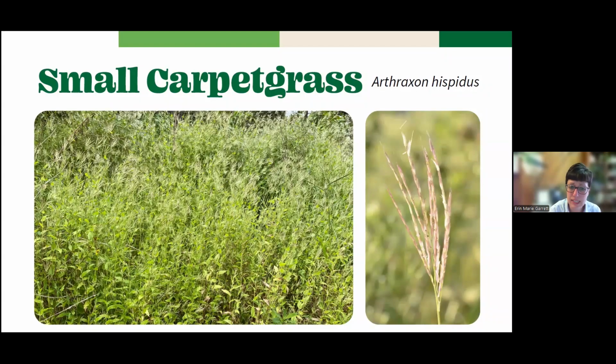But you could find these in similar situations. It's also going to have hairy leaf blades and leaf sheaths, but it's going to have really stiff, bristly hairs, whereas the carpetgrass hairs are more silky and soft. So just wanted to point that one out. You might confuse those, so look back at yesterday's and we can compare those side by side.